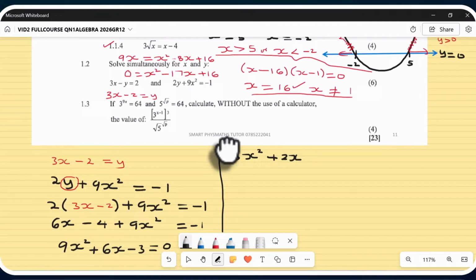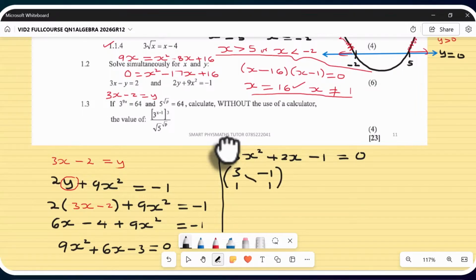So 3 plus negative 1, as you can see, I'm getting a 2. Meaning my cross is going to be 3x minus 1 into brackets x plus 1, x plus 1 equals 0.